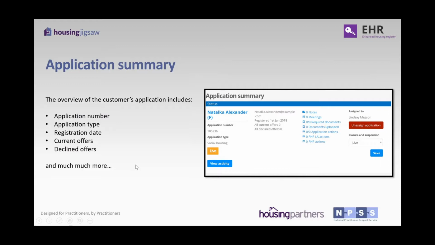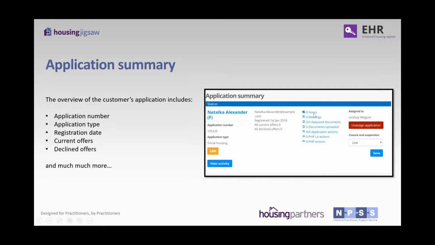You can see the application type. So for this particular case, it's a social housing application. You can see the registration date, any current offers that have been made, any declined offers, and you can see the information that you're working hard on in the back office around the customer.